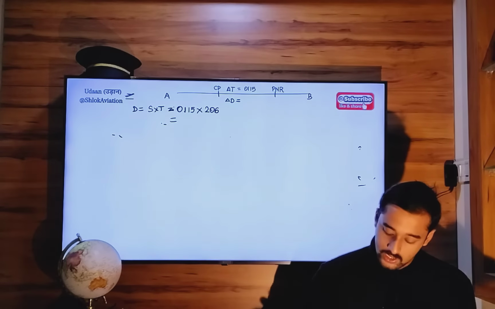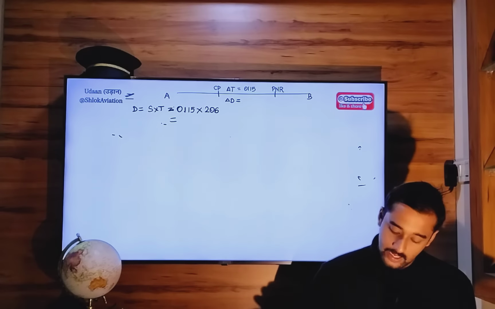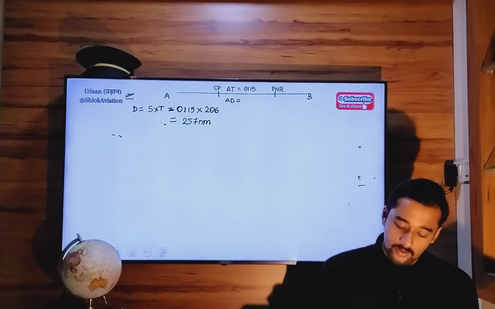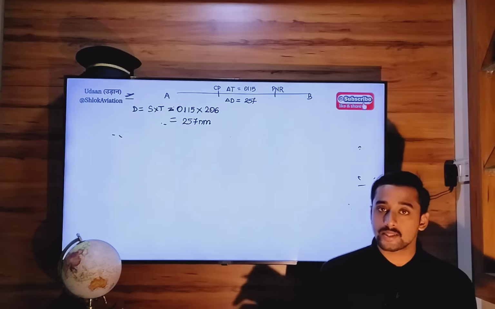So 206 knots into 1 hour 15 minutes, that is 257 nautical miles. Okay, 257 nautical miles.